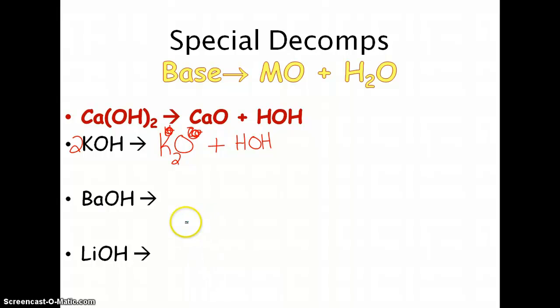Okay, the next one, BaOH, is going to break into barium oxide, and you have 2 plus 2 minus. So these just cancel out. And HOH. Okay, and then this is not balanced. That's why our numbers look a little funky.